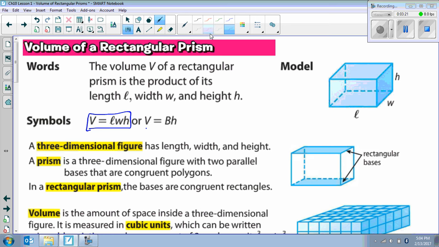You will find that we will be using the general form of the volume of any prism, which is the volume is equal to the big B times the height, where the big B represents the area of the base.